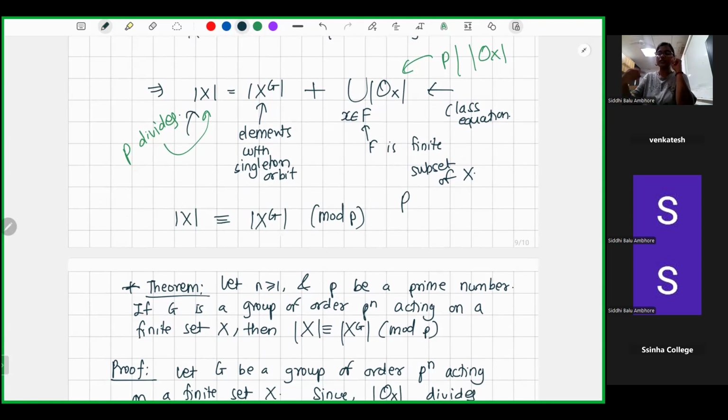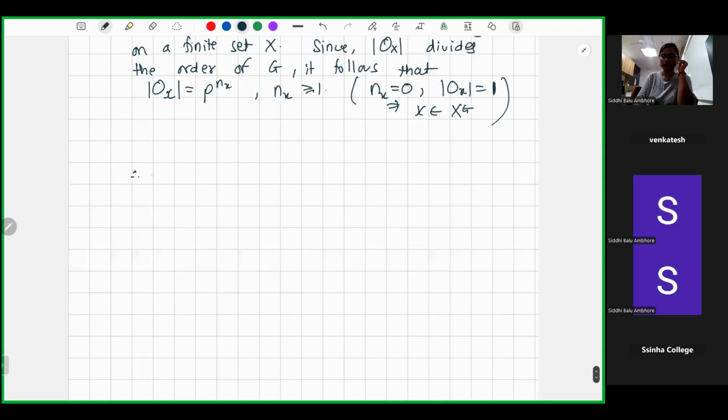This is the collection of all the elements which have non-trivial orbit, so p divides everything here. So this becomes 0 under modulo p. Therefore the cardinality of X is congruent to X power G mod p.